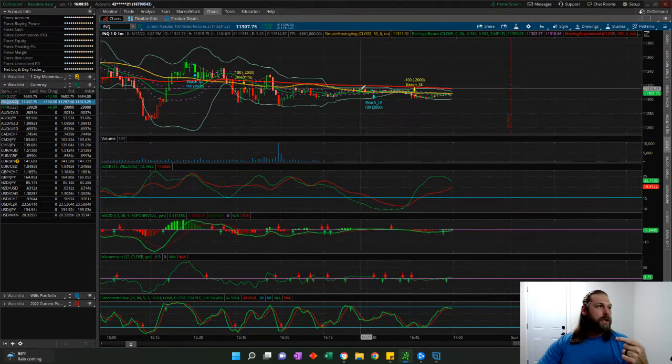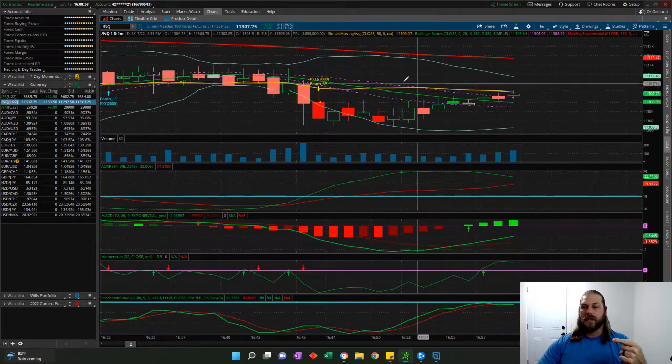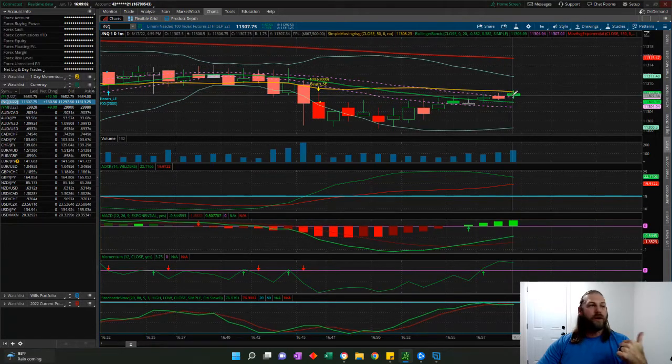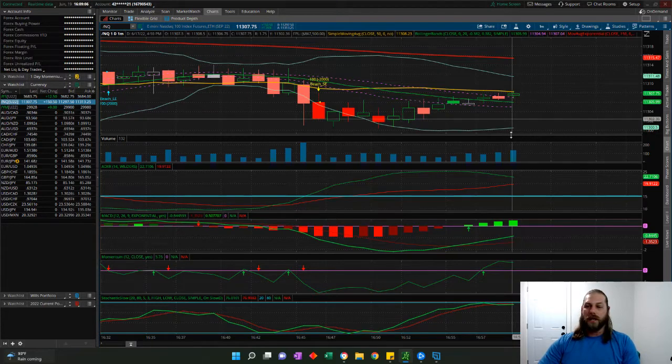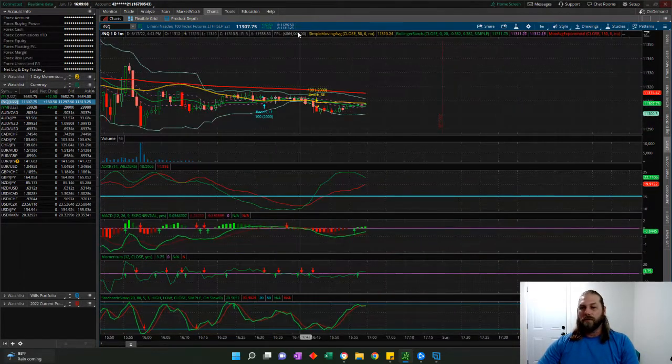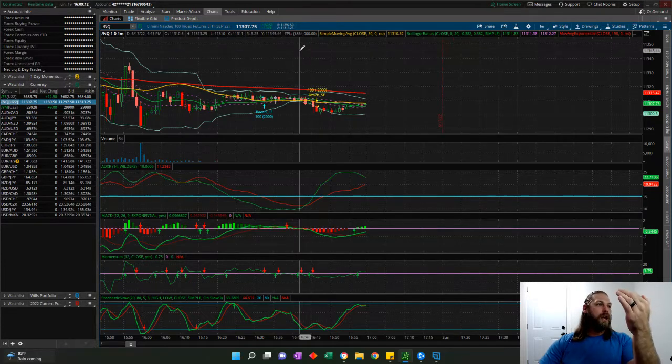But when you're showing long and you're still stuck in this pattern below all these moving averages, that's a sit and wait type of scenario, because you have mixed signals. You can't show long when everything is short.